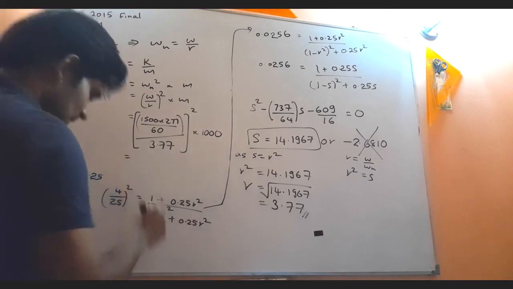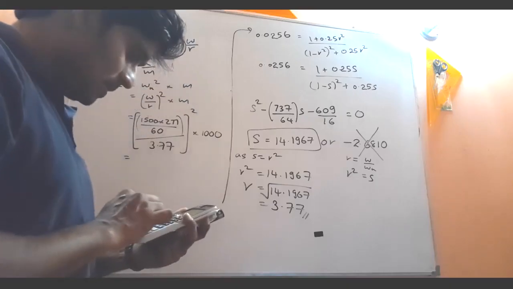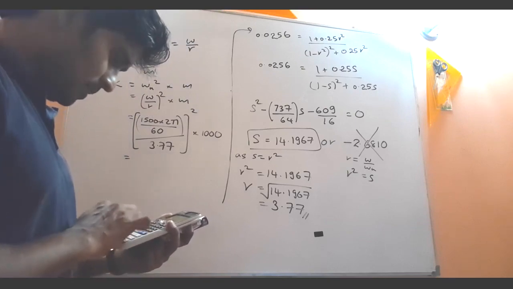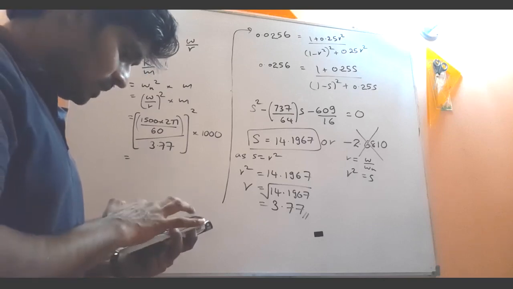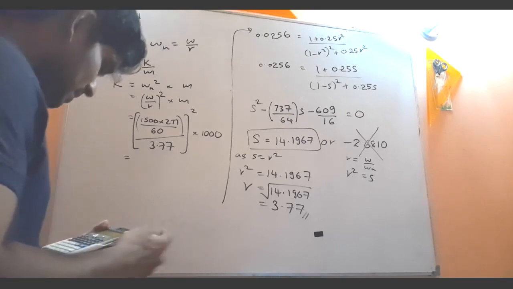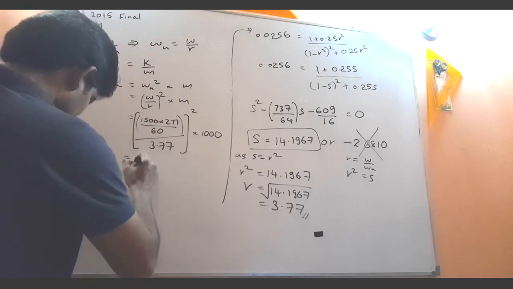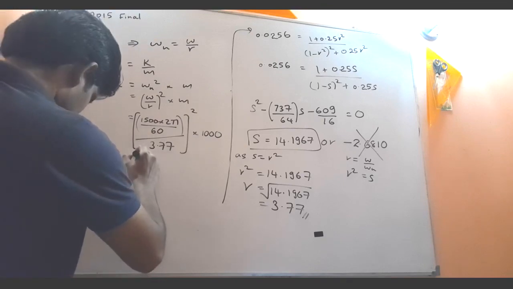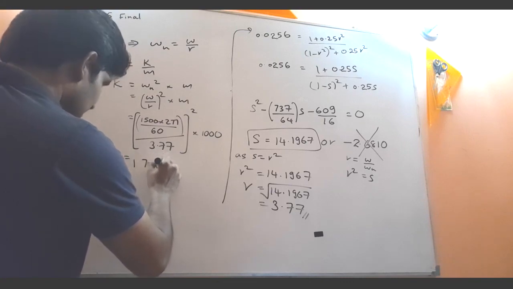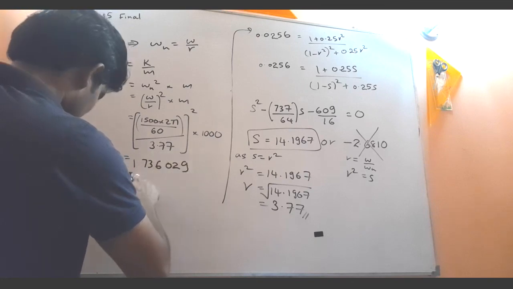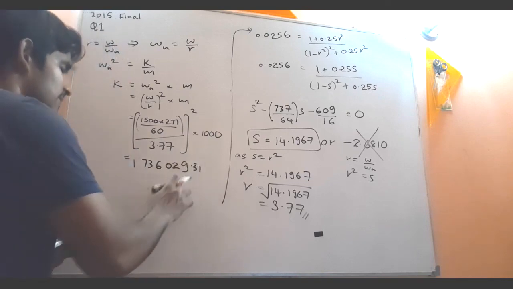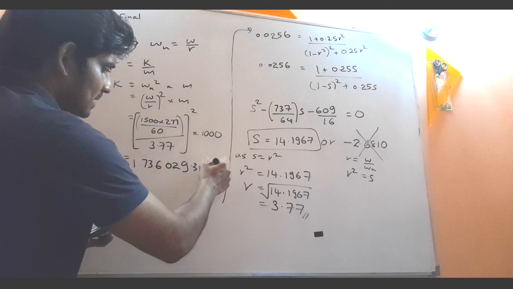If you simplify that, what will be the answer? 1500 multiplied by 2 pi divided by 60 divided by 3.77, we square that whole answer and multiply by 1000. So you are getting an answer like 1,736,029.31. You are getting a very large value in standard units, that means in newtons per meter.